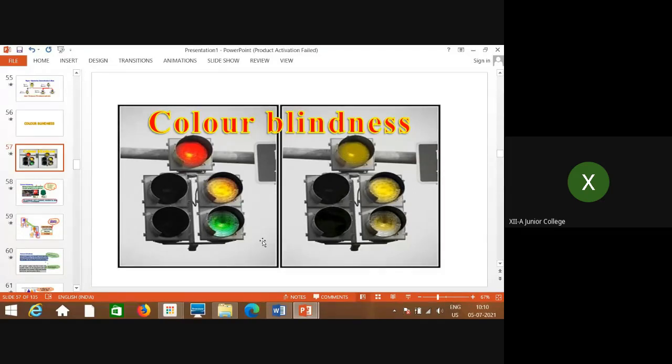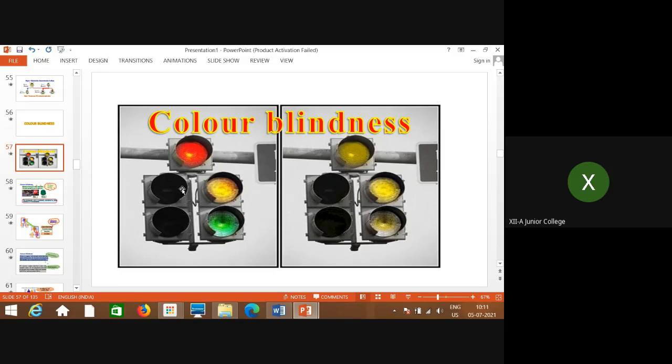Now we will begin with the X linked first. X linked is also called sex linked inheritance, and this is related to the X chromosome.